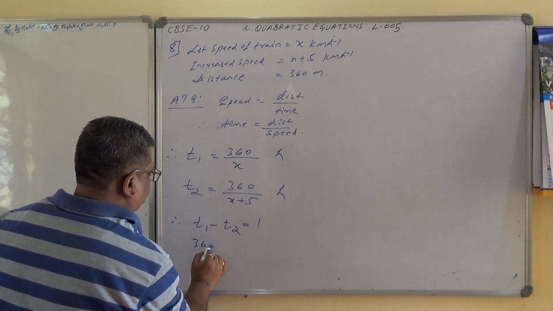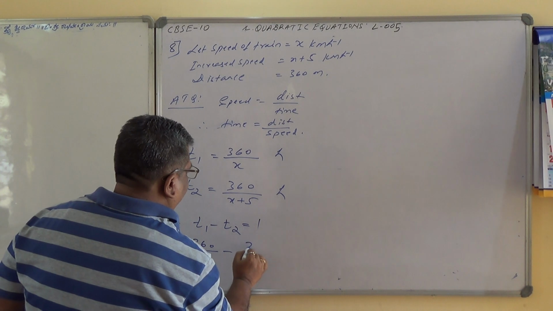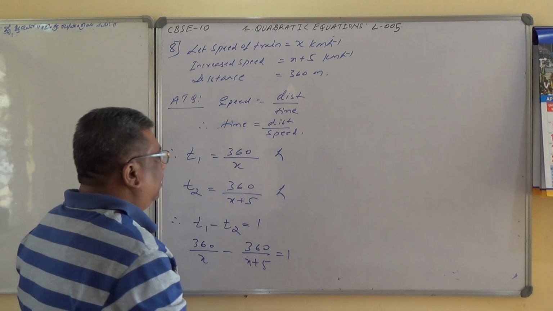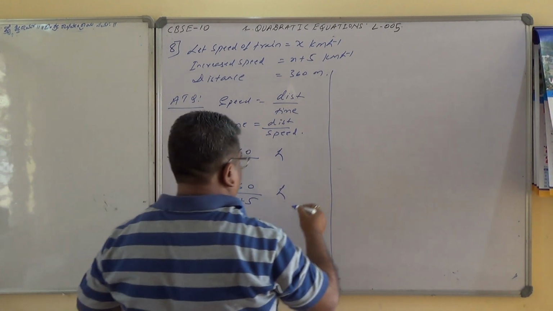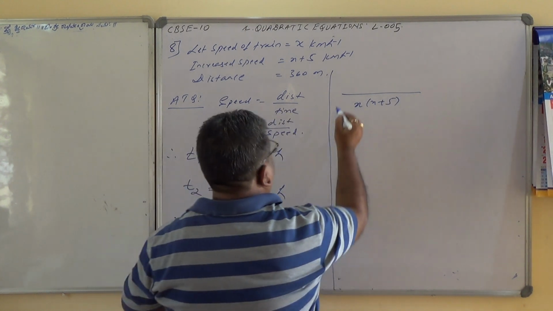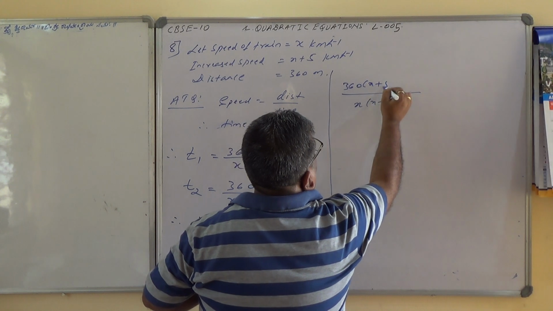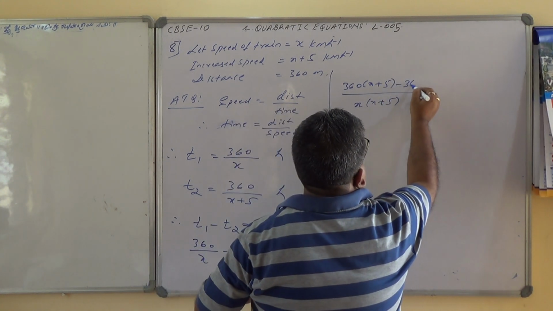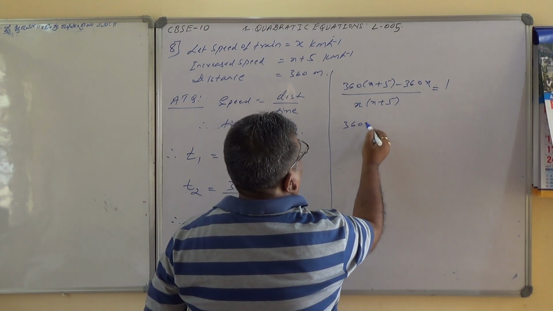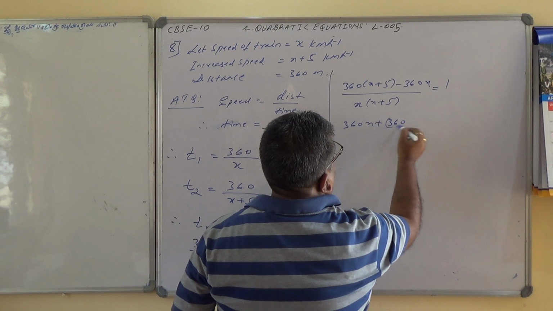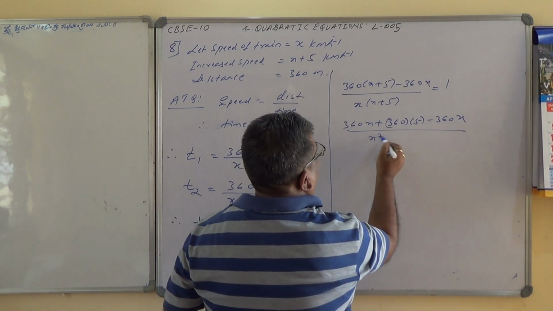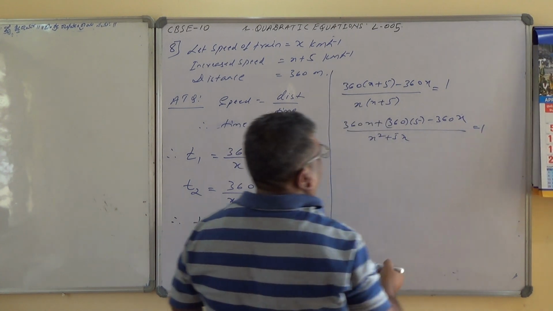So 360 divided by x minus 360 divided by x plus 5 equals 1. Now we will form the equation. The LCM is x into x plus 5. So 360 times x plus 5 minus 360x equals 1, which gives 360x plus 360 into 5 minus 360x, the whole divided by x square plus 5x equals 1.